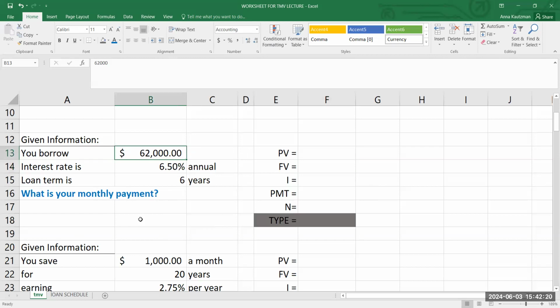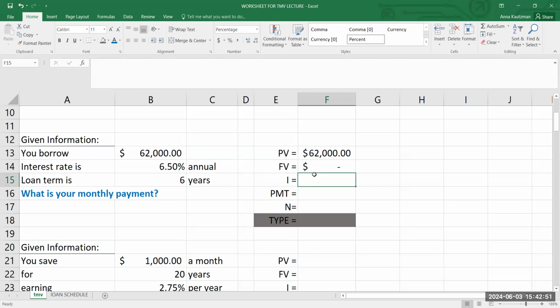You are borrowing $62,000. That means at the time the loan starts, you are receiving $62,000 in cash. We'll do a cell reference for that. The future value, when you take out a loan and you're making payments, your goal is to pay it off. So therefore, the future value of the loan is going to be 0.